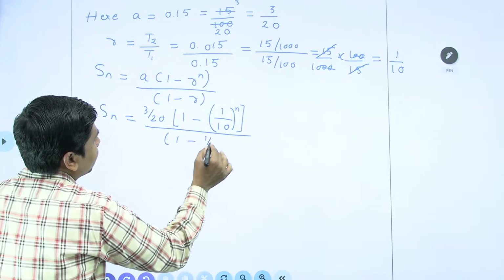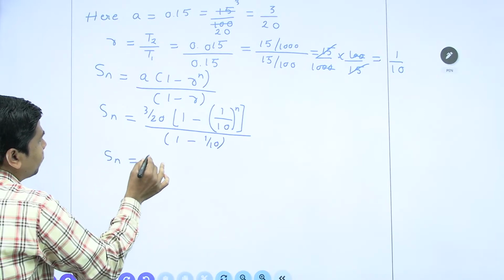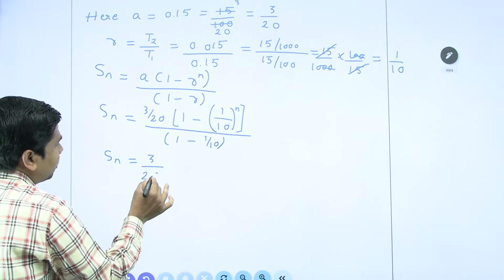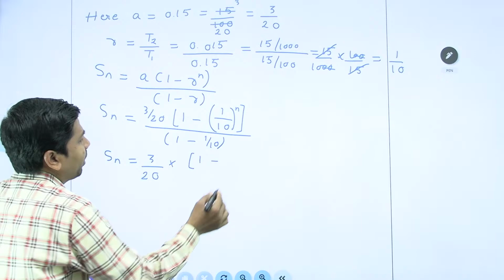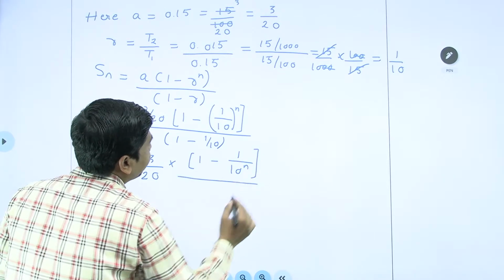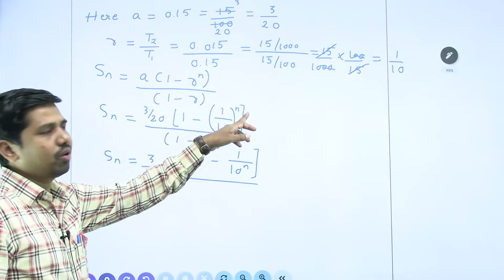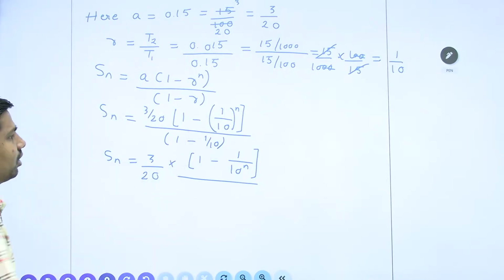Here r is 1 by 10. So Sn is nothing but 3 by 20 into 1 minus 1 by 10 raised to n, divided by 1 minus 1 by 10, because 1 to the power of any number is 1 only.